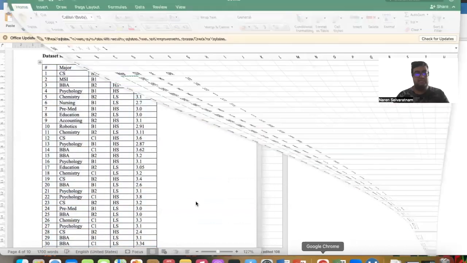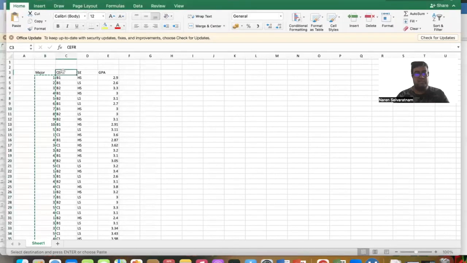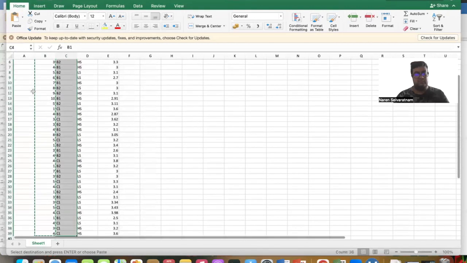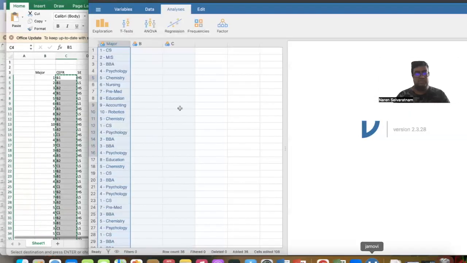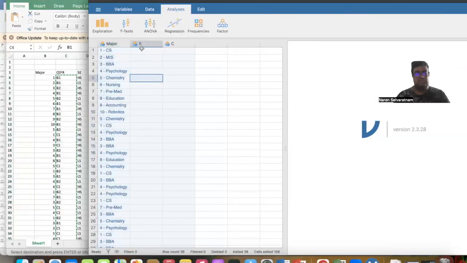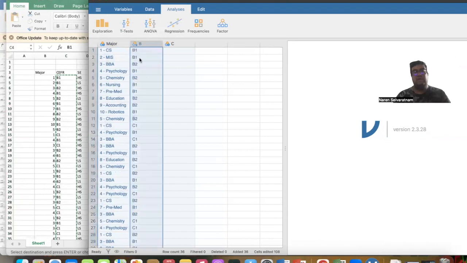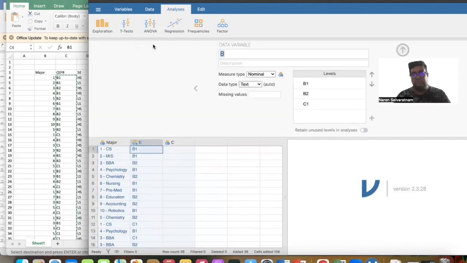If I open my Excel, I do have that as well. I think I can just go ahead and let me copy this to Jamovi. Let's see whether we can get all of this properly copied and pasted. Let's open Jamovi. This is our second variable. I'm going to paste. See, now when you put it here, it automatically changes it to text instead of integer.